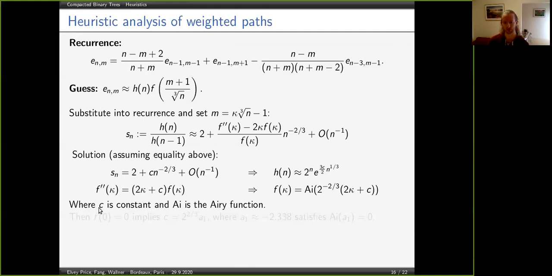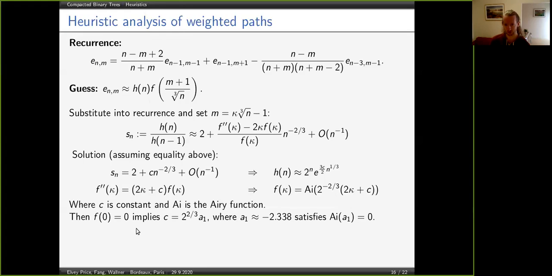Yeah, so now we still need to determine this constant c, which we can do just from the fact that f of 0 equals 0. The reason for that is that we know that when m equals minus 1, well, the E of n, m's are only defined for m positive, so for m equals minus 1 we get 0. So hence f of 0 equals 0.